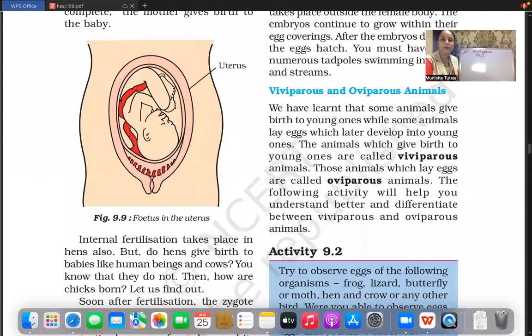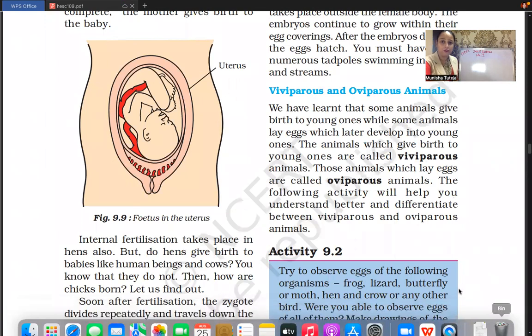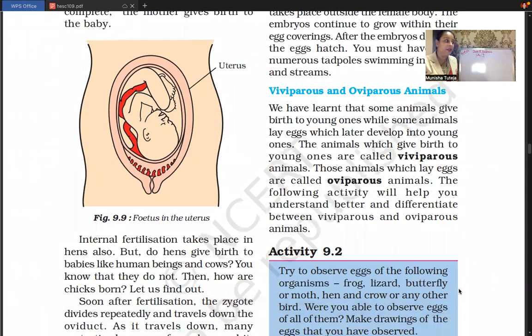viviparous and oviparous animals. Okay, beta, as is clear from your previous class, humans give birth to small babies. You have also seen, right? So many times we hear that this person has got a baby.